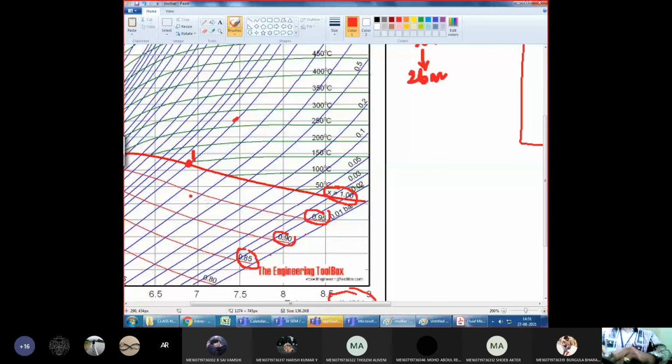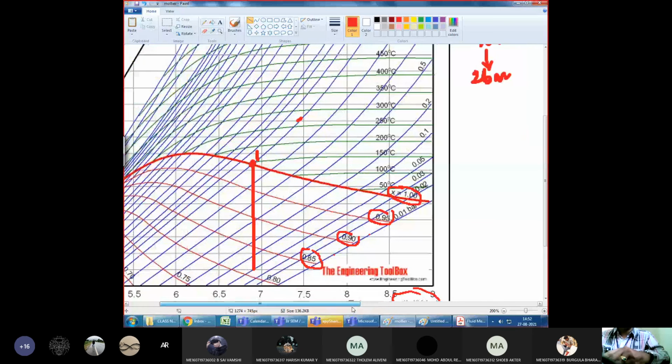This is our point 1. It is expanding till 2 bar pressure, so what we need to do is draw a vertical line down till the 2 bar pressure. This is the 2 bar line.